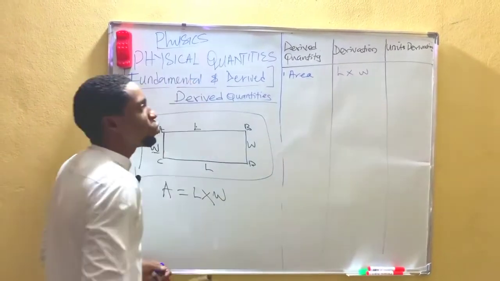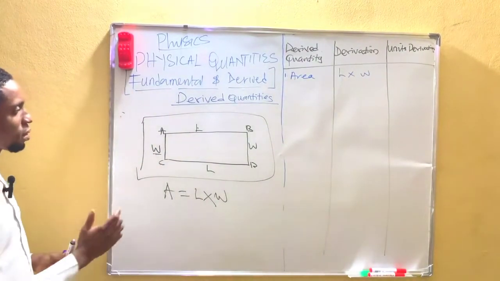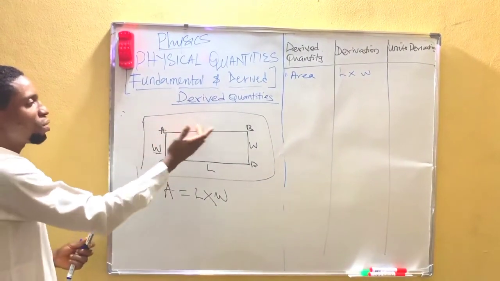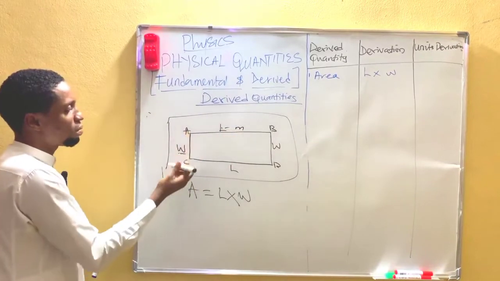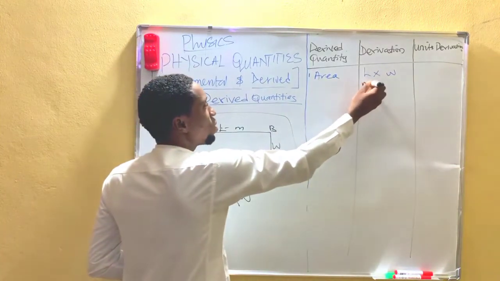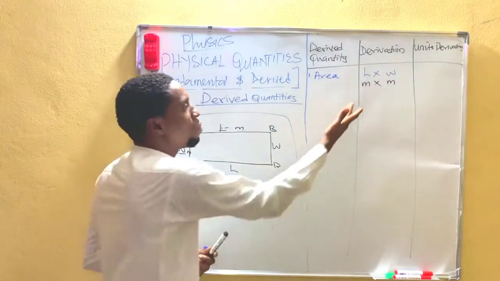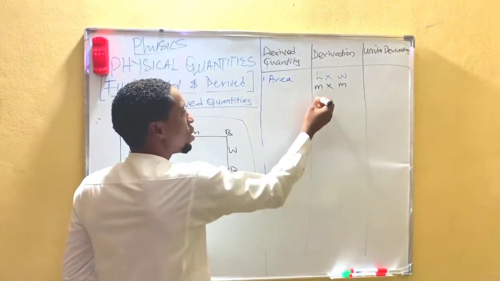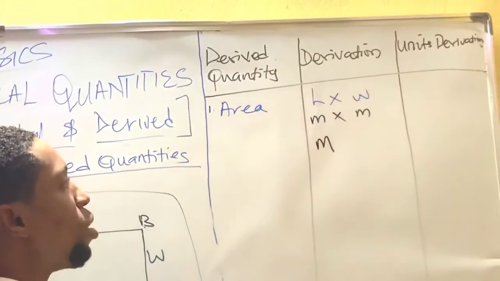So that is why we have length here and we have width here. So if you want to derive the units now, remember that you now consider the units of length. From here to here is measured in meter. From here to here is measured in meter. So length is measured in meter, while width is measured in meter. So meter multiplied by meter, according to indices, you have m here, you have m here, they are common.